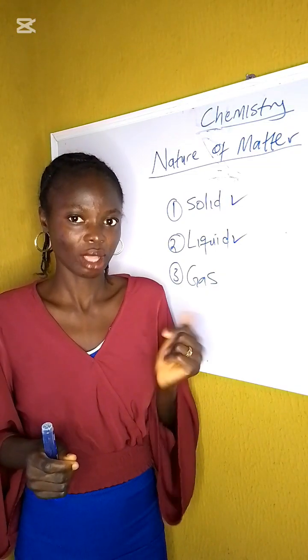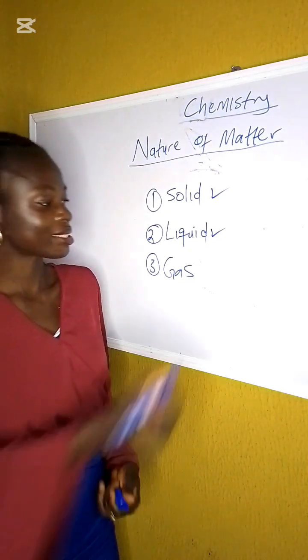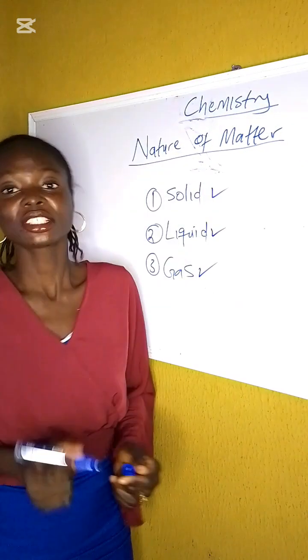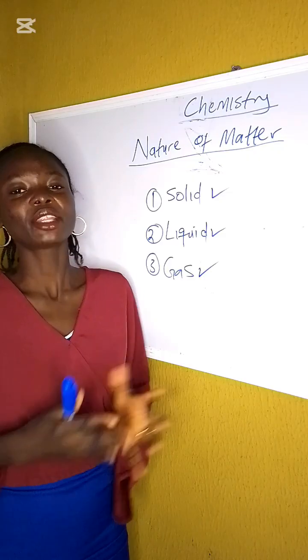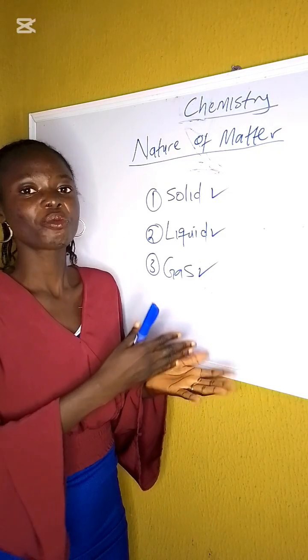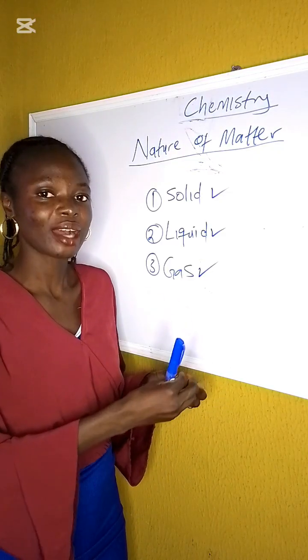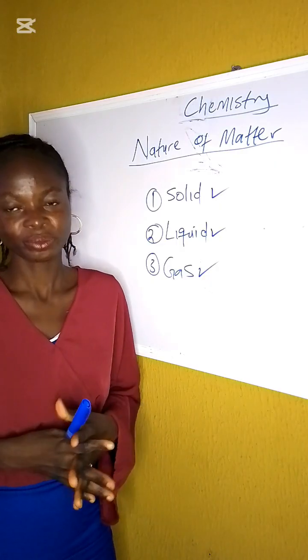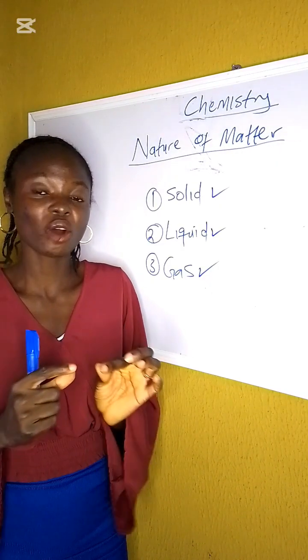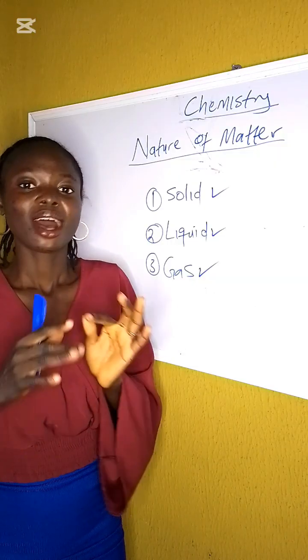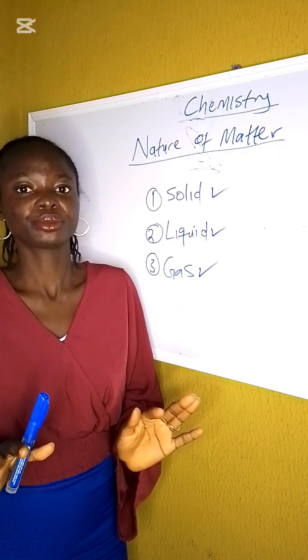Don't forget those properties. The last part is the gaseous state. Now, what are the properties of matter when they are in gaseous state? Number 1, the cohesive forces between the molecules of gases are negligible.